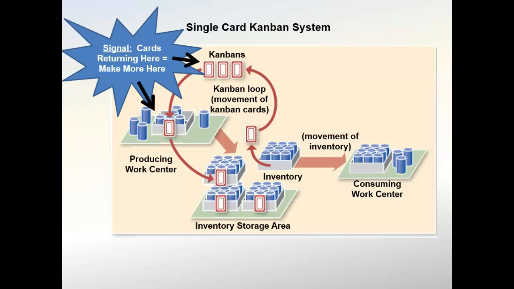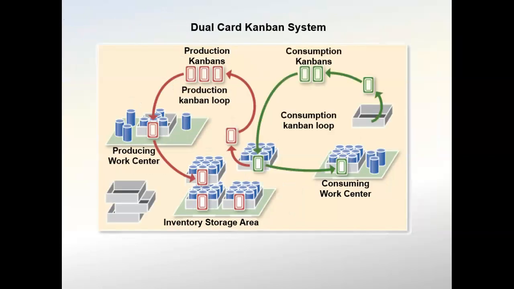Rather, the Kanbans are circulating in their Kanban loop, traveling from producing work centers to the inventory storage area, and then returning repeatedly for reuse each time inventory is claimed for consumption.